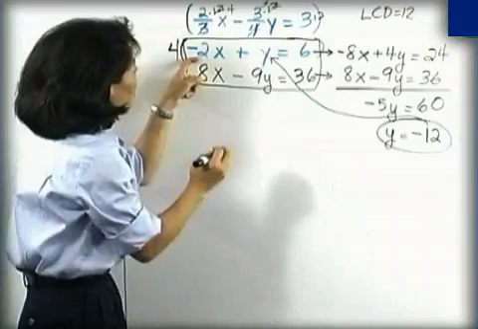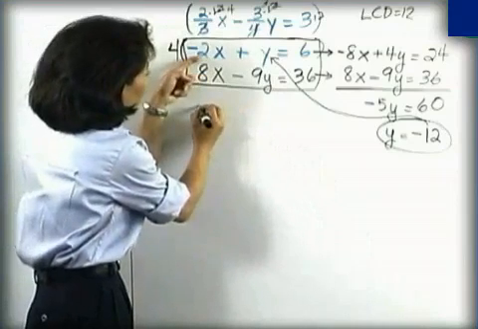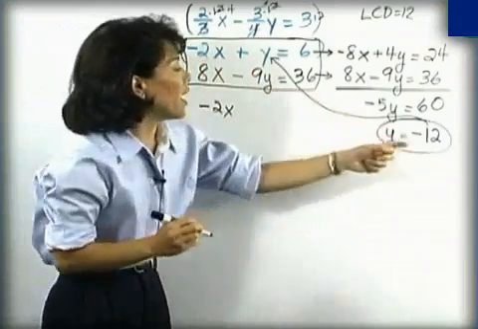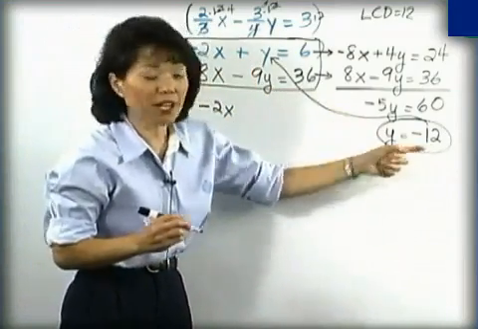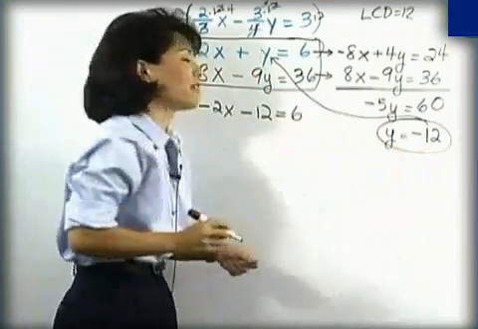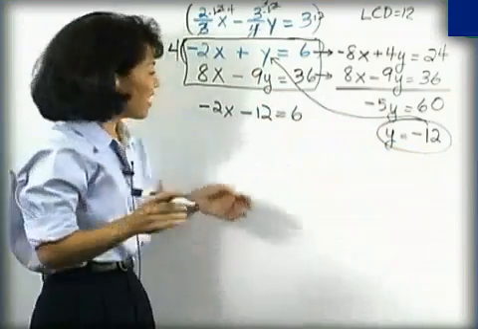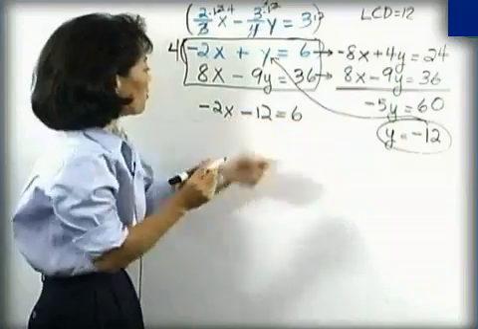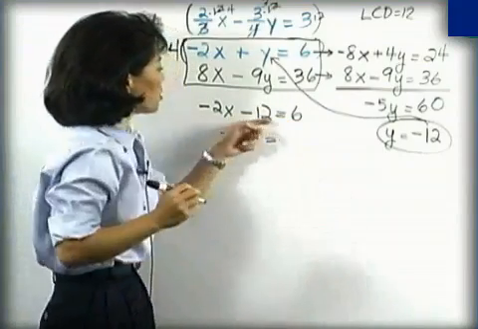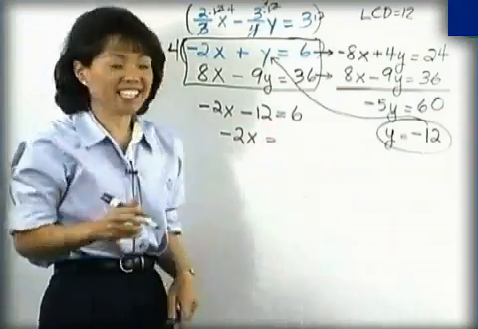When I do, rewriting this top equation here gives me negative 2x. In place of y, now I'm going to substitute negative 12, and that's all equal to 6. Solving this equation for x, now we're almost home. Add 12 to both sides. Negative 2x is equal to 12 plus 6, 18.